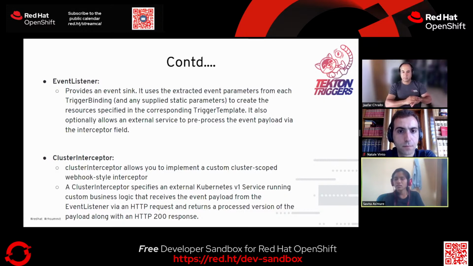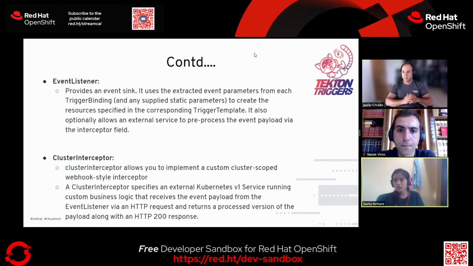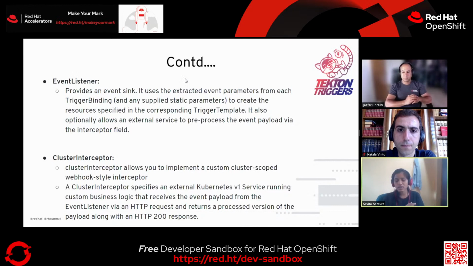Yeah, so one more point I just want to add here. When we have Triggers installed, by default we will have some three or four core interceptors like GitHub, Bitbucket, GitLab, and CEL. The main motive for introducing the cluster interceptor is that earlier, having only these fixed interceptors was blocking Triggers from growing.